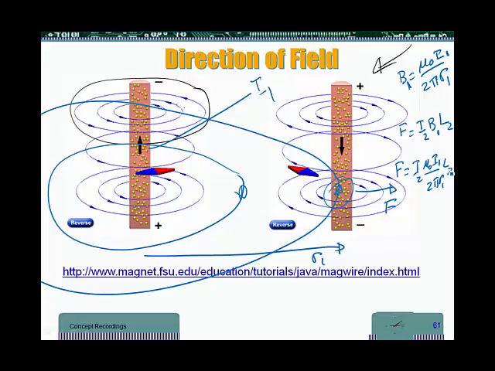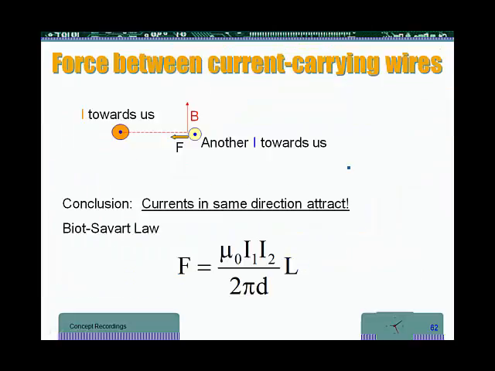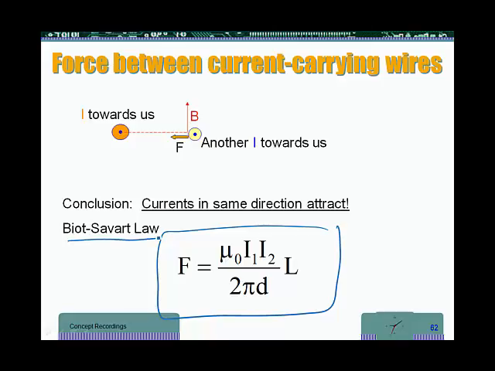Similarly, I can do the same analysis to describe the force experienced by wire 1 due to the current in wire 2. The result is we come up with this equation, that's called the Biot-Savart law.